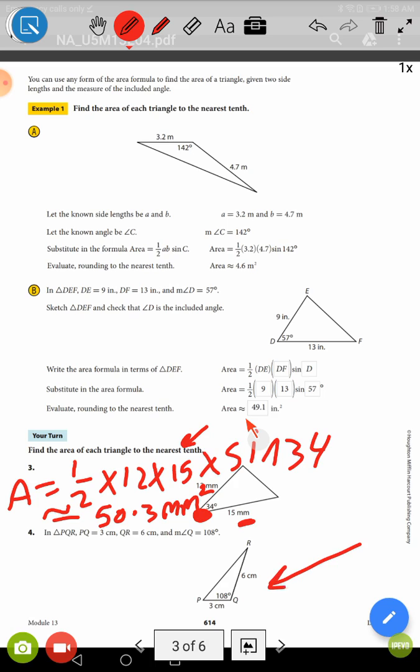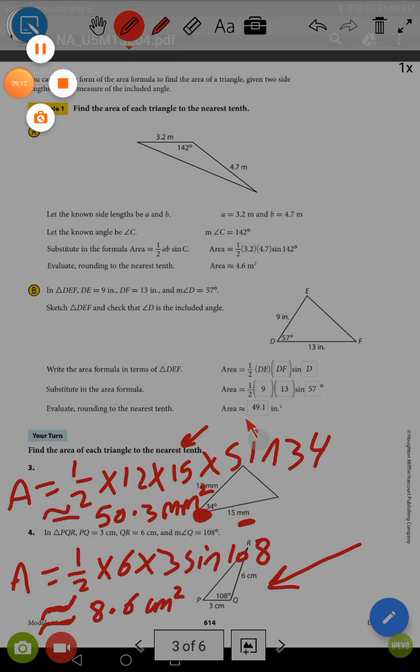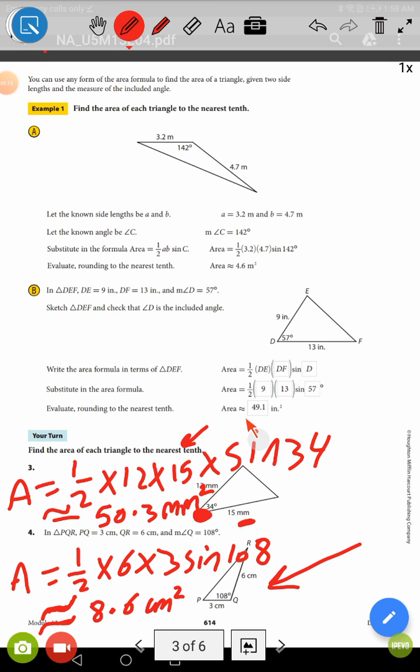And that one, yes, you are right. The area equals half multiplied by 6, multiplied by 3, sine of our included angle 108, which to the nearest tenth equals 8.6. I think that rule is easy.